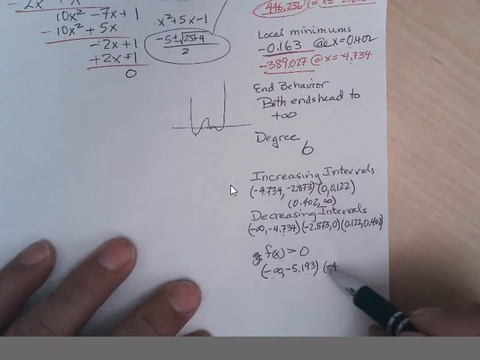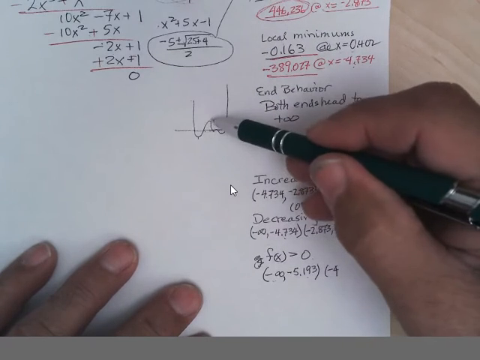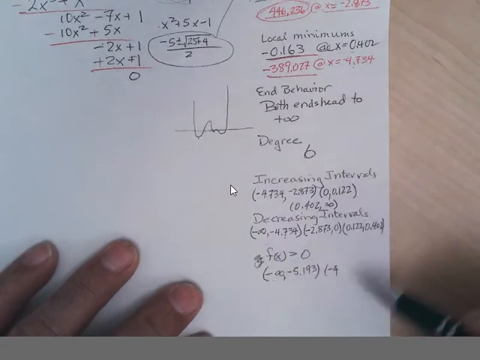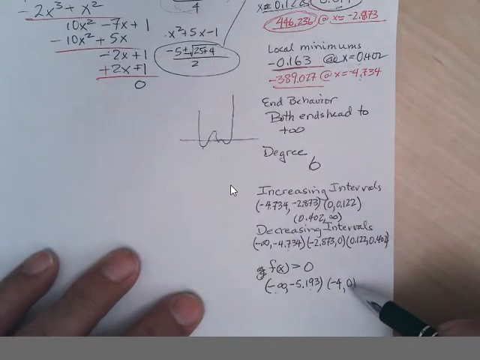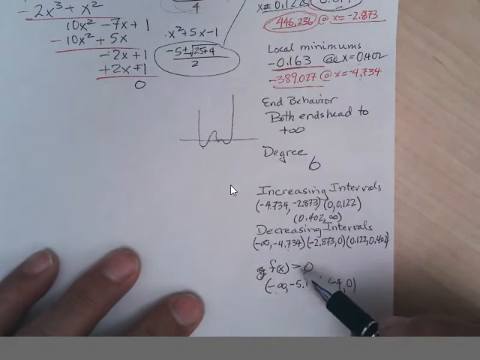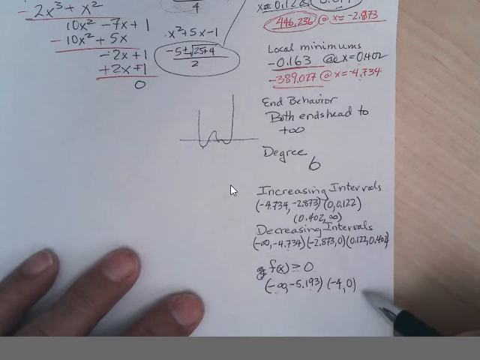at negative 4 it was 0, so you don't include it. It was positive all the way till it got to 0. And then at 0, it was 0, so we don't include it. It was not greater than 0. If I said equal to, then you would include the 0.